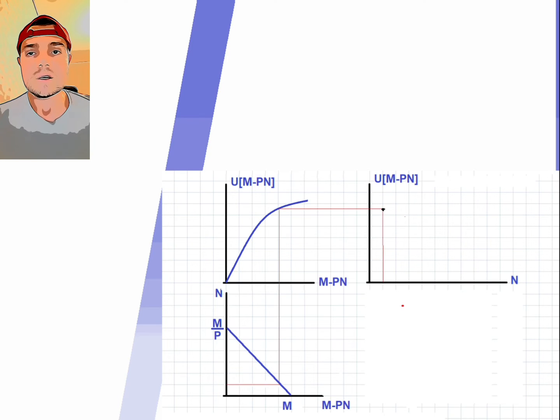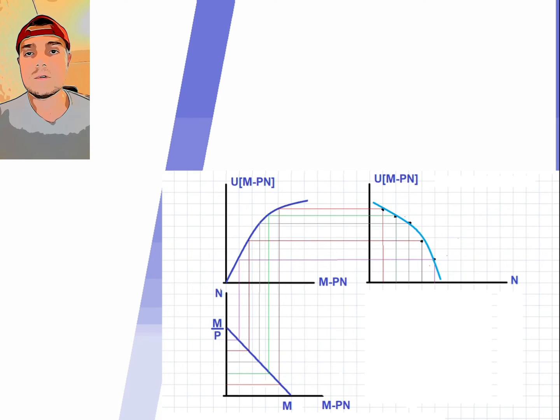To obtain the first point, please look at the red line. To obtain the second point, please look at the green line, and so on. We have just geometrically inferred the curve of cash utility.